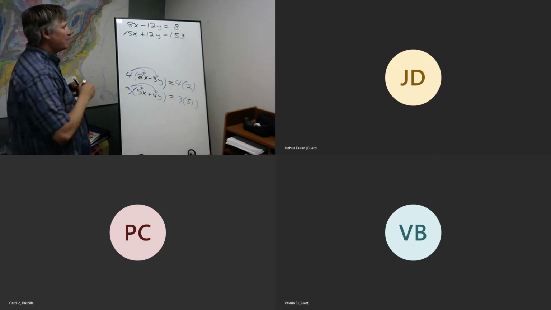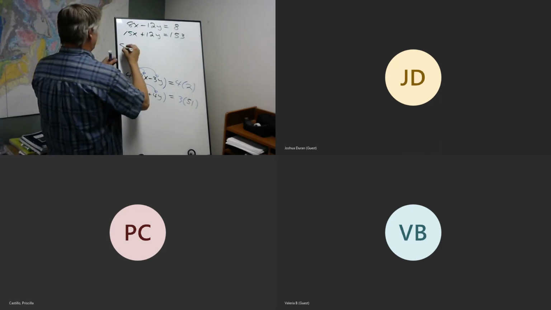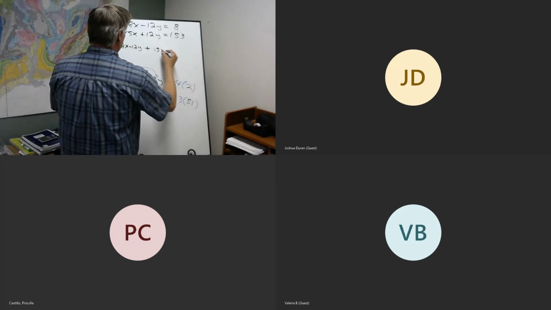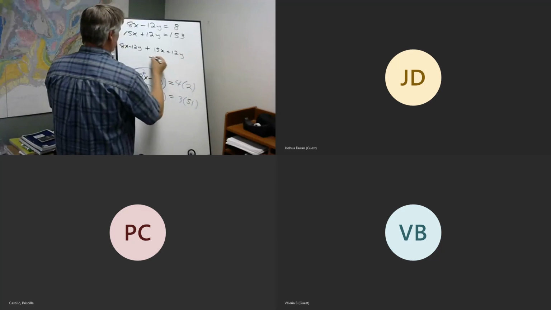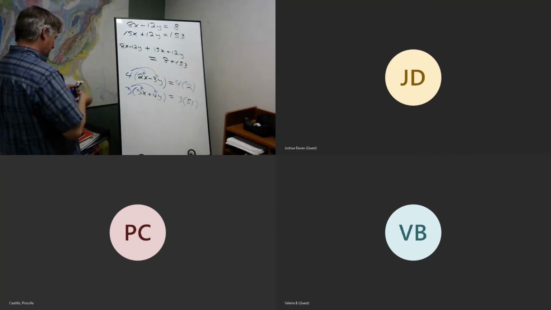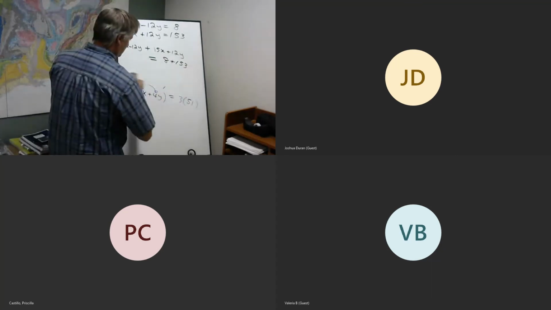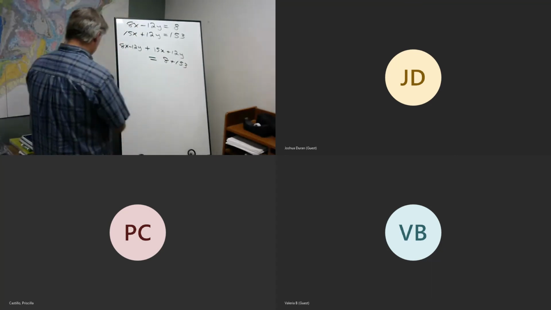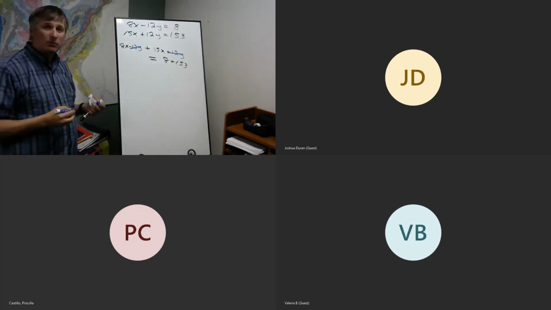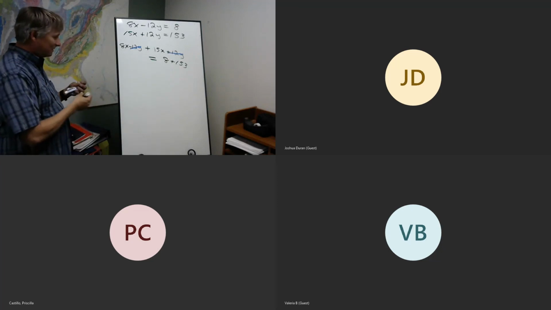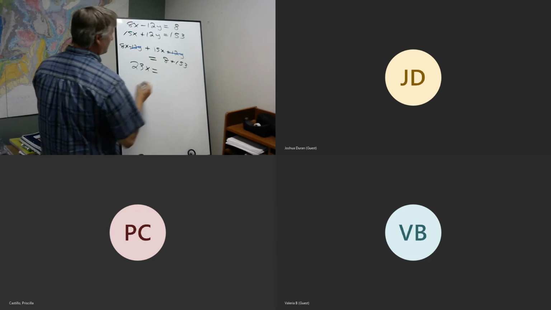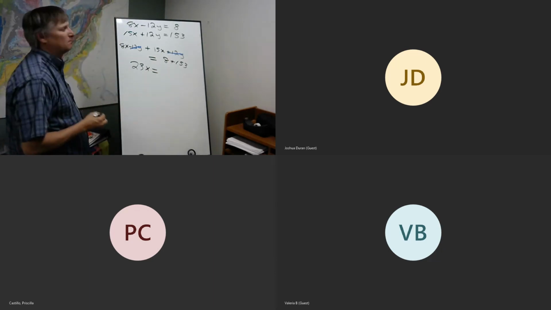And now we can add the two sides. Again, negative 12y, 12y will cancel. So we get 23x equals, and then 8 plus 153, 161.